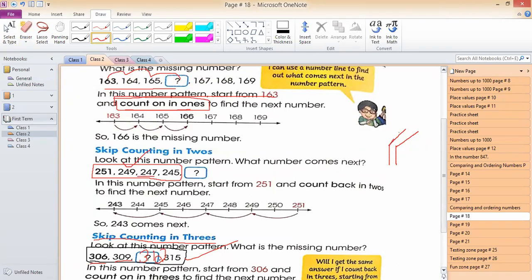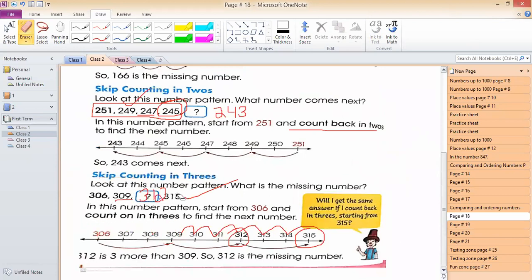Again I will go back: 248 and then 247. After 245, what should be written here? What comes before 245? That is 244 and that is 243. 243 is the answer. This is how you skip count. So here we are counting back in twos, so we can identify the pattern and say that in this pattern, we are counting back in twos to find the next number.